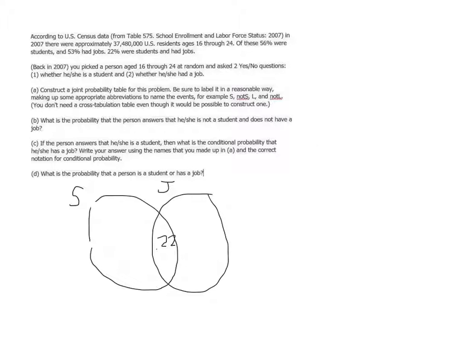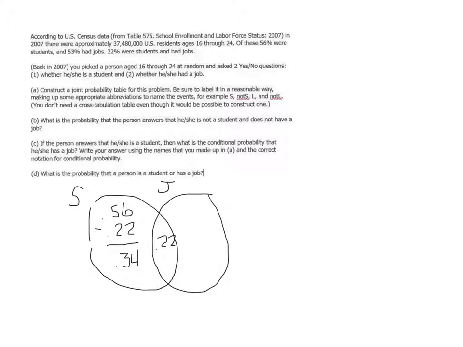So 0.56 minus 0.22 will give us the proportion who are just students that don't have a job, and that would be 0.34.